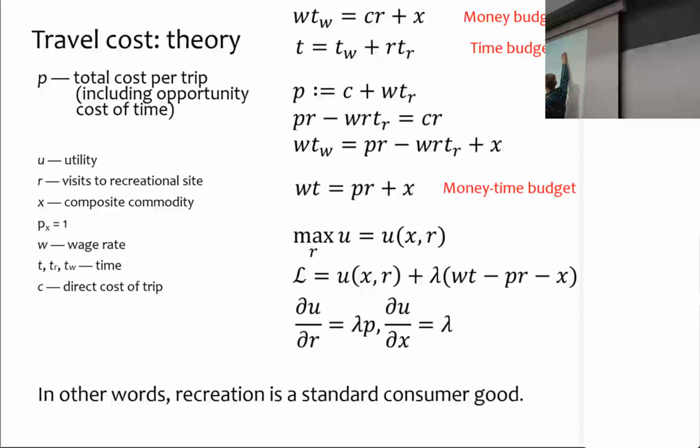Now, we have this thing here. We can multiply that on both sides of the equation with R, right? Nothing has changed. And then bring WTRR to the other side of the equation. And now we have an expression for CR. And what we see is that in our money budget, we have CR as well. So we can substitute CR that we see at the very top with this expression here to find that this is true.